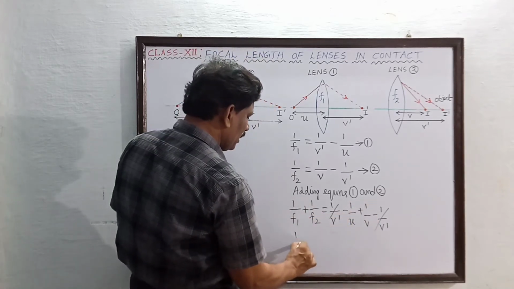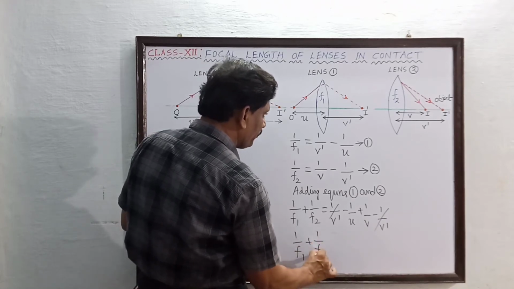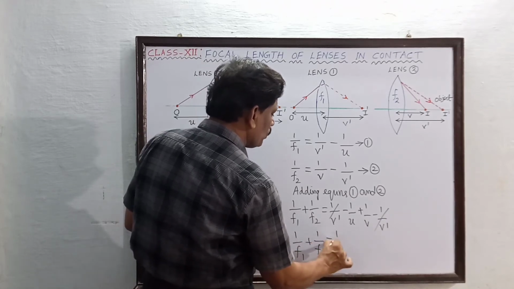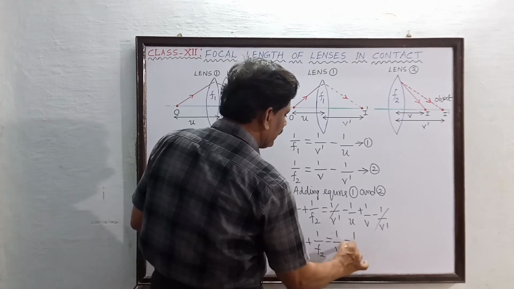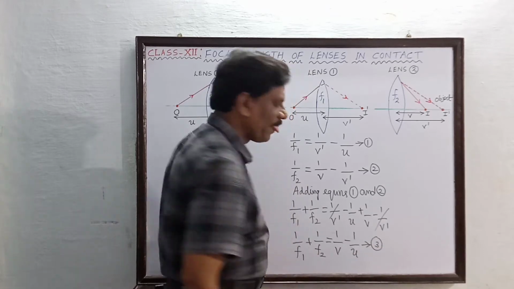So 1 by f1 plus 1 by f2 is equal to 1 by v minus 1 by u, and this is equation 3.